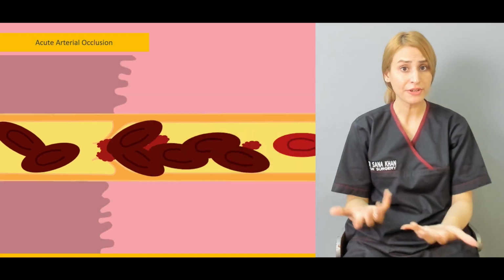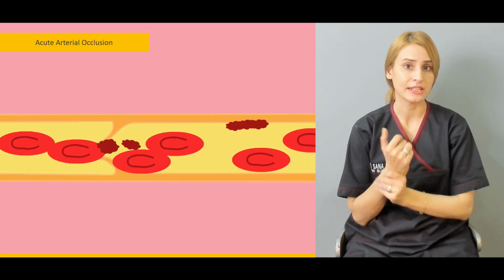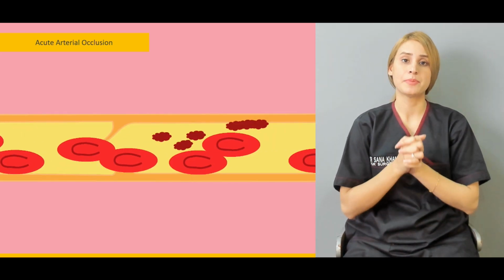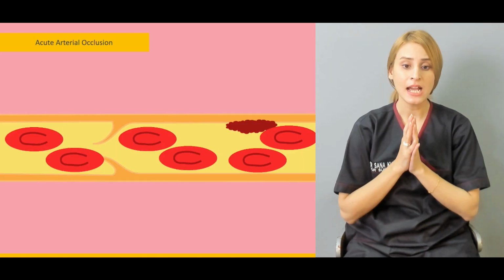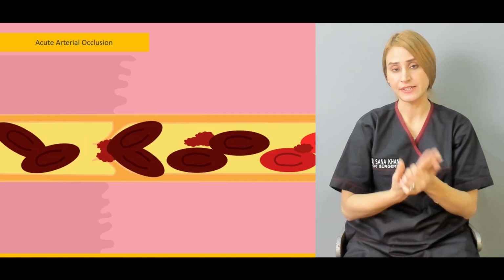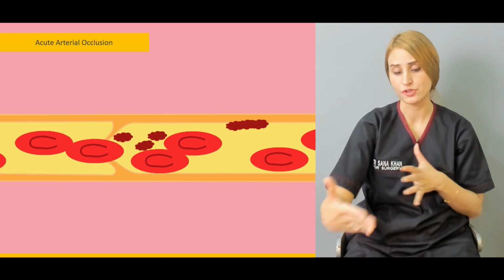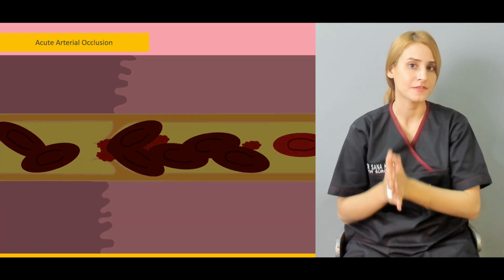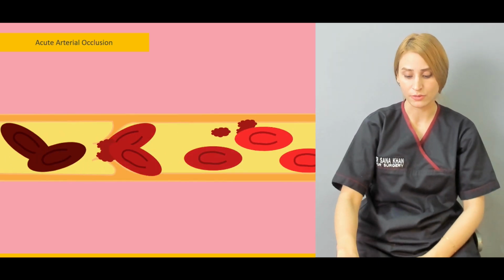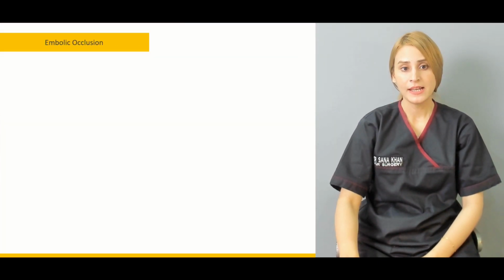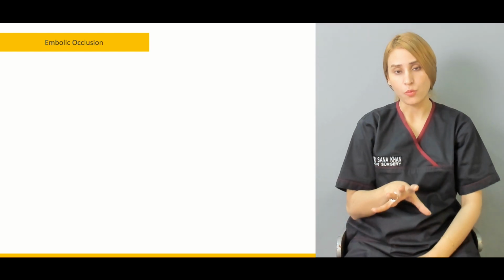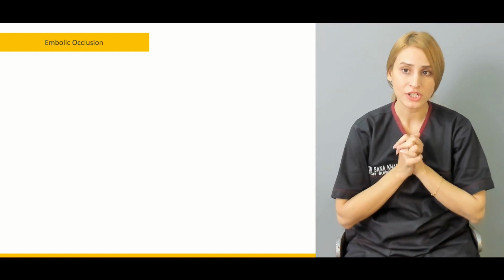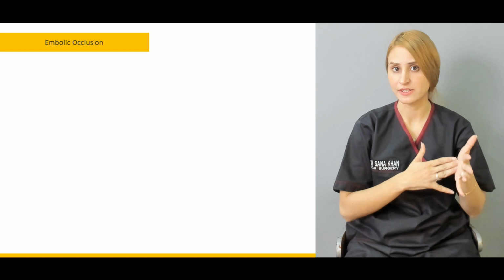But if there's a critical stenosis, particularly 70 to 90% occlusion, the patient becomes symptomatic, and the process of ischemia and gangrene starts. So one pathogenesis behind all this is the atheromatous plaque.